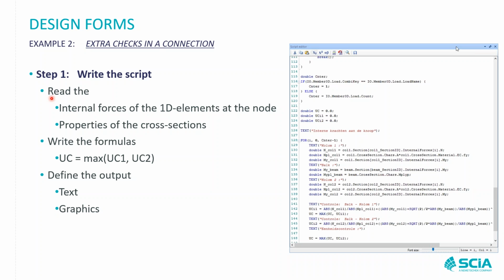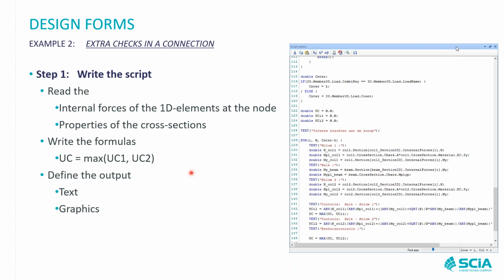Again, we read internal forces, we read properties of the cross-section, and in this case, we do two unity checks. At the bottom, you see unity check 1, unity check 2, and my final result is the maximum value of those two unity checks. That is what is inside the script.